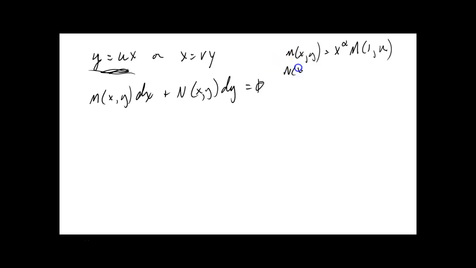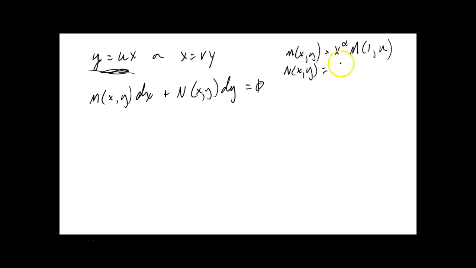Now, similar to that, your N of x,y, we didn't make one, but we said it had to be the same degree. So if it's the same degree, meaning the sum of the degrees of x and y has to be the same for every term, and you make that same substitution, then again you're going to come up with x to the 6. They're calling it x to the alpha here.